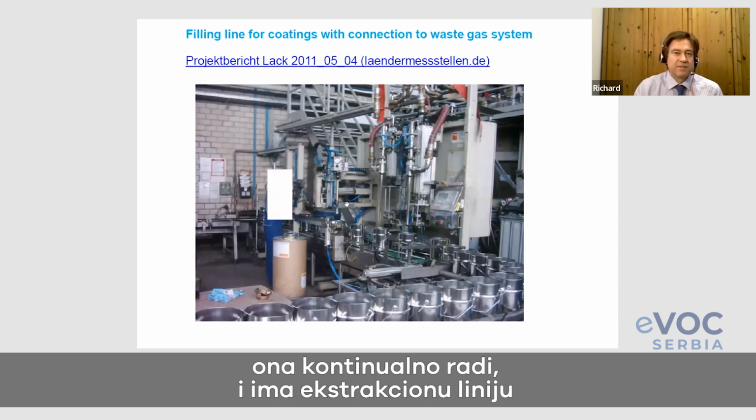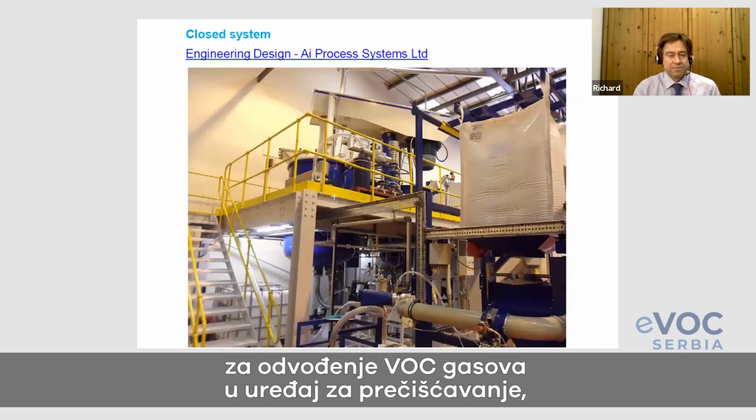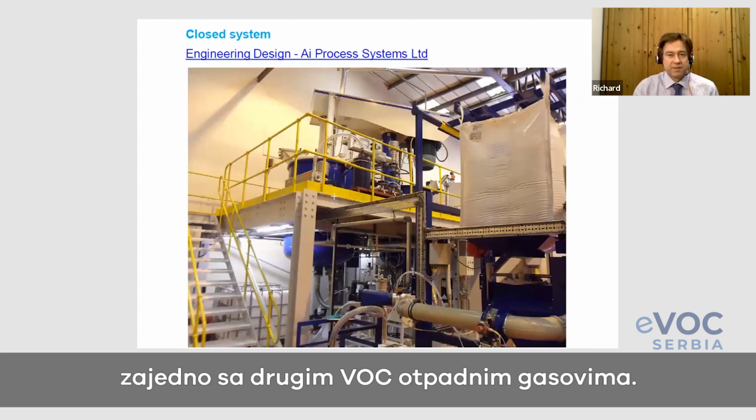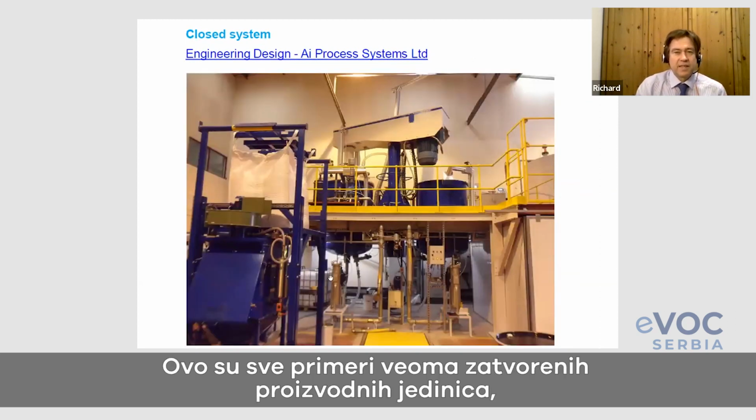And you see we have an extraction line, where the VOC gases are cleaned by our waste gas abatement together with all the other VOC gases. Yeah, those are all examples of very closed manufacturing units.